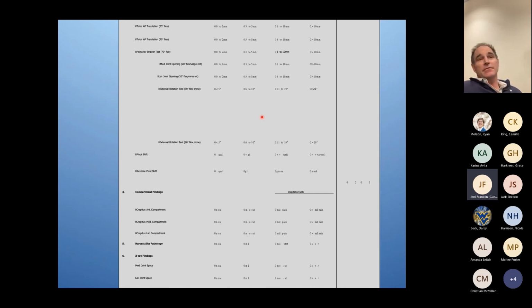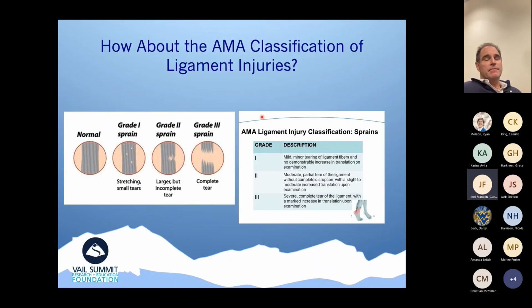Answer is no, or I wouldn't have asked that. So it has to do with both: it's an anatomical finding combined with a physical exam finding. And here's what you can see: if this is a ligament and this is normal, a grade 1 sprain will have some intrasubstance damage to this ligament, but no change in their physical exam.